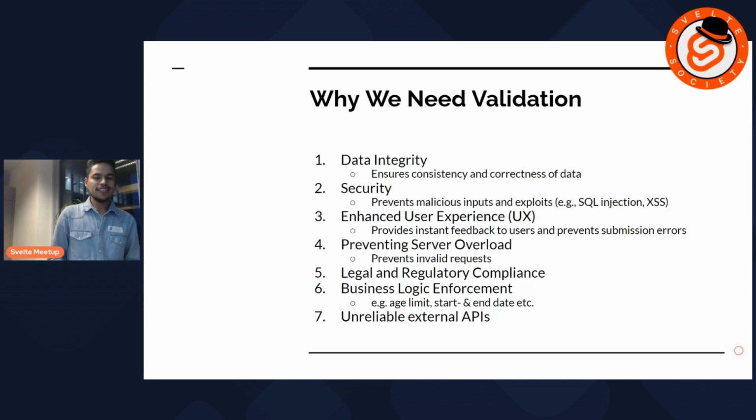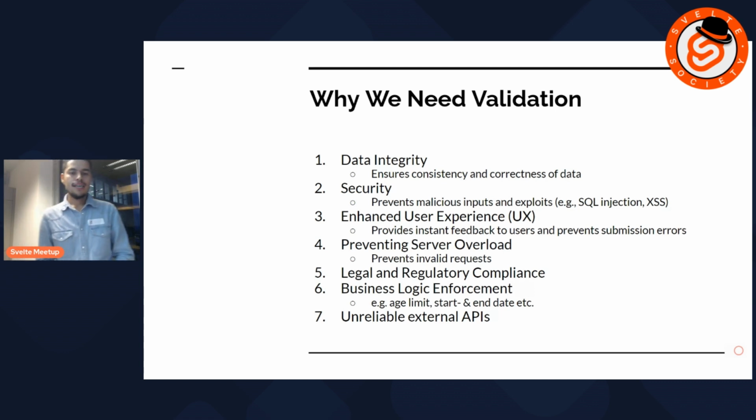The fifth one is legal and regulatory compliance. You could actually create custom validations so that you can say your minimum age should be at least 18, for example. The sixth is business logic, which is very similar to the last point.